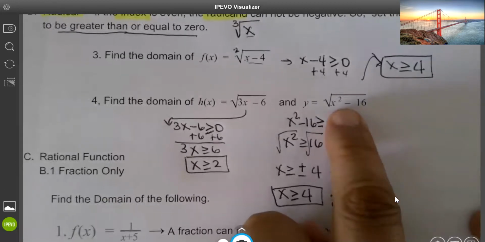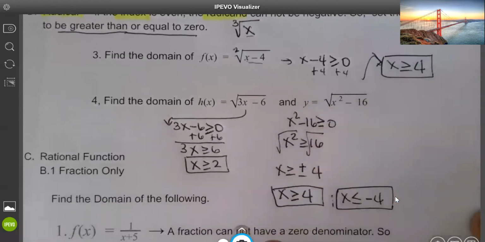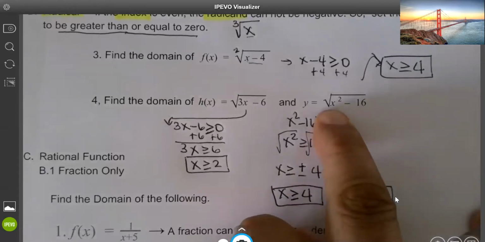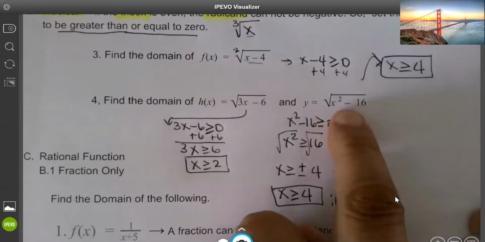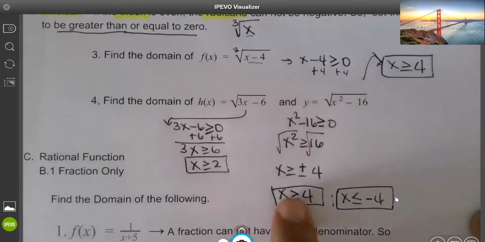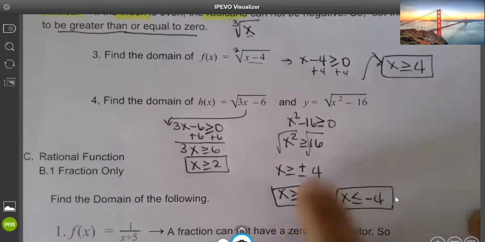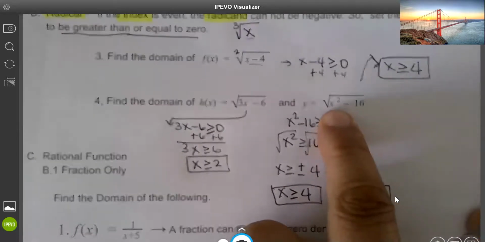It can be 0 but cannot be negative. Let's say 5. 5 raised to 2 is 25, minus 16 is a positive number. So there is a square root of a positive number. So greater than or equal to 4 are possible values of x.